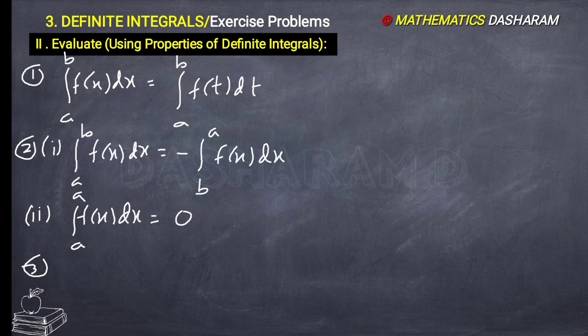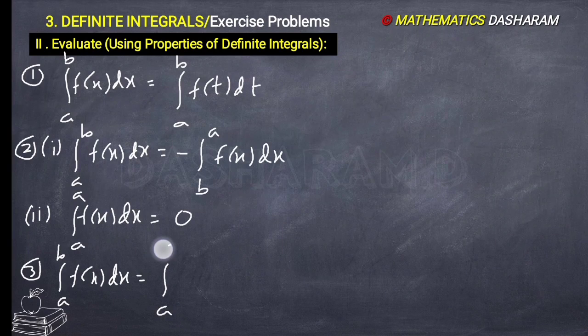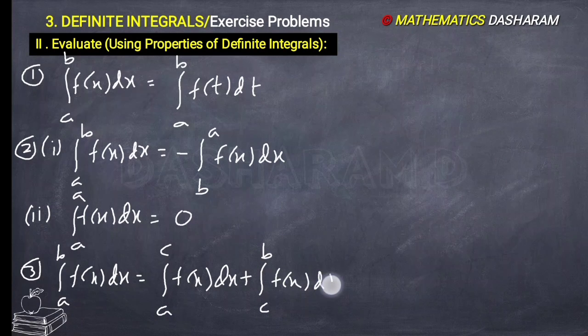Next, third property is integration a to b f of x dx equals a sum of two different integrations, that is integration a to c f of x dx plus integration c to b f of x dx. It is possible when a is less than c less than b.